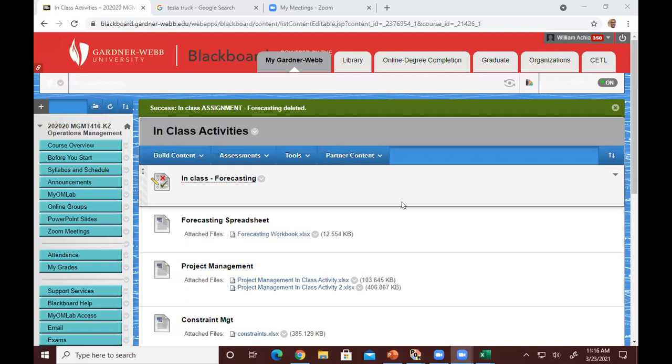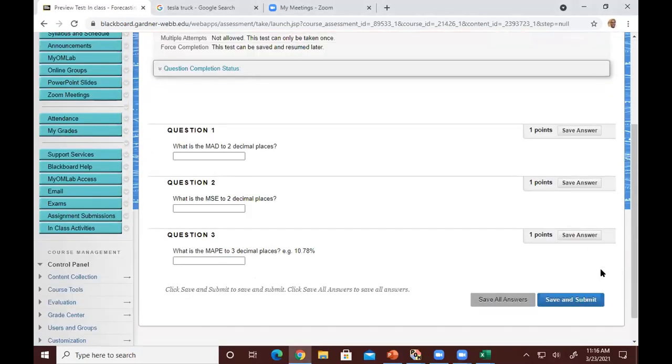There should be 3 responses. If you click on that, you should have 3 simple questions asking you to submit the MAD, the MSE, and the MAPE. The last question should be 2 decimal points for those online.